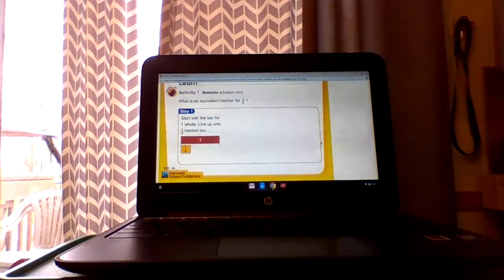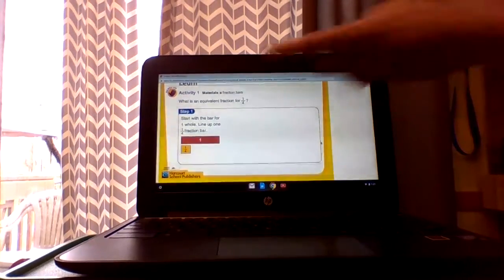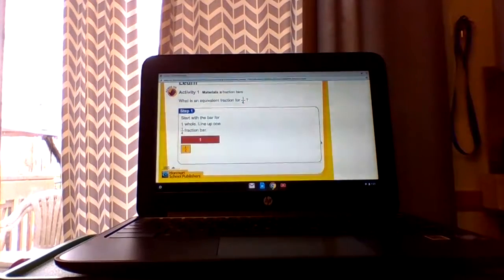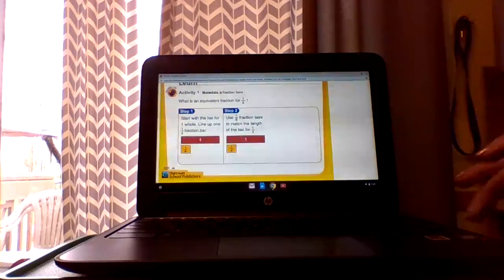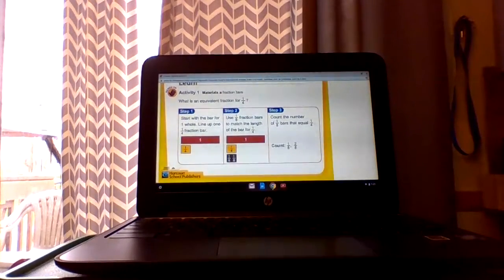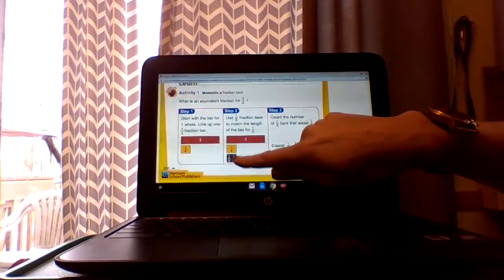Okay, so we're looking at an equivalent fraction for 1/4. Can you see here how my red fraction bar, that's showing you 1 whole. And then I have 1/4. Okay, so we're going to line up 1/8 and 1/8. Look at this. 1/8 and 1/8.